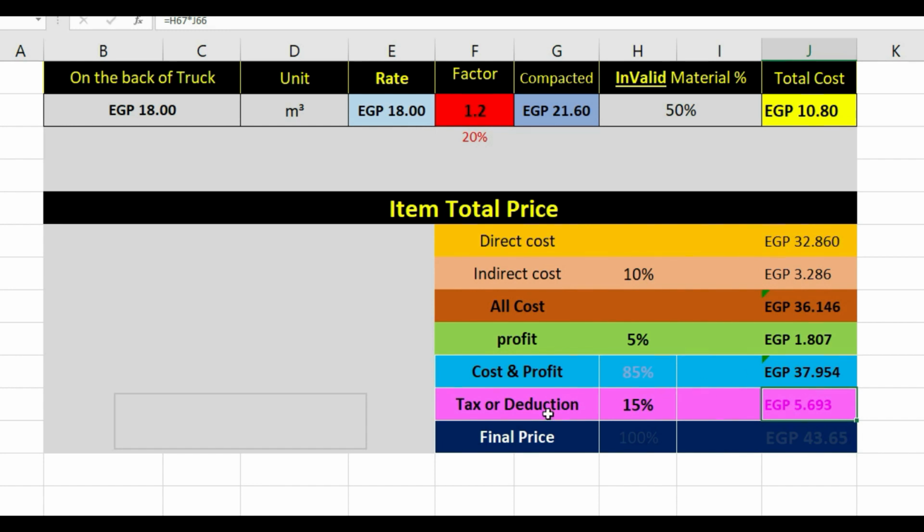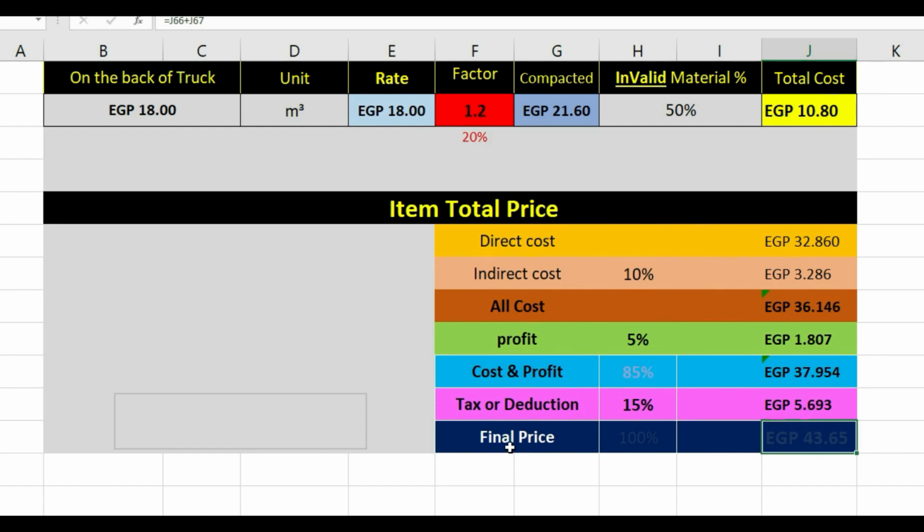If we have a tax or deduction 15%, it means that we will add it to the cost and profit. 15% of official deduction or taxes equal 15% multiply 37.95 equal 5.693.